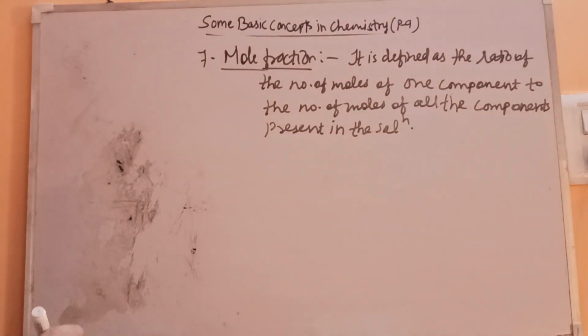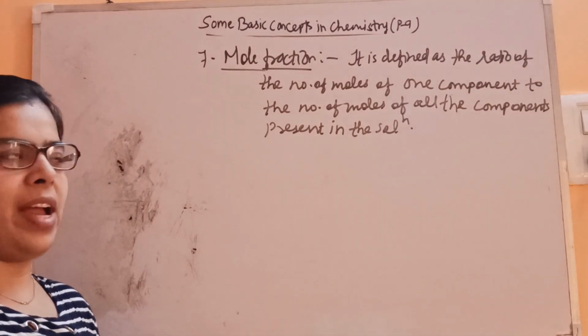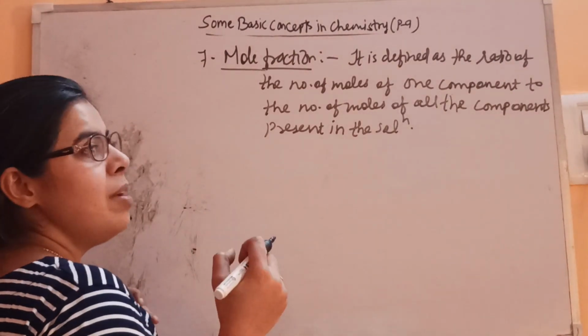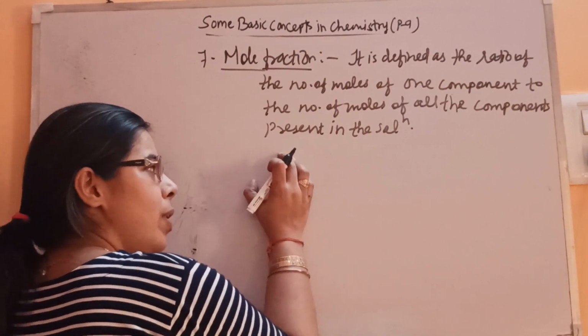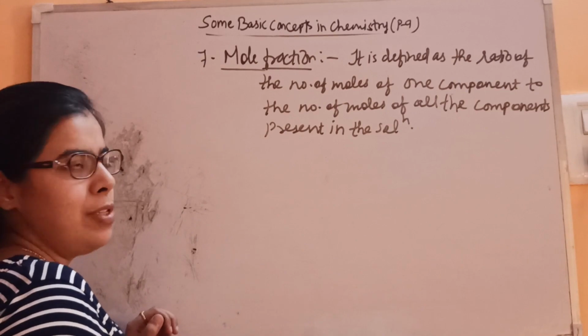So whatever the number of components present in this solution, we have to take the ratio of that. Fine, so that we are calculating the mole fraction of that particular component in the total solution in which all other components are also present.